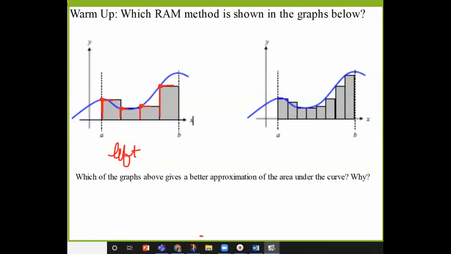We want to look at the second graph, identify the corners that are meeting the graph, and once again, these are all on the left, making it a left Riemann sum.